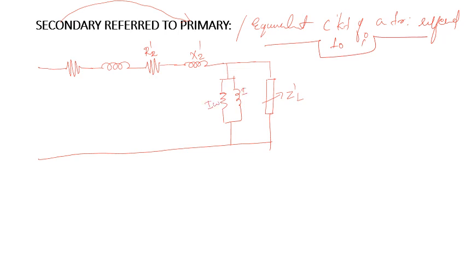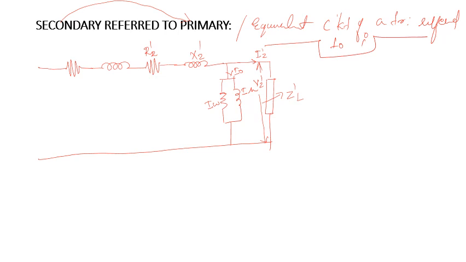IW, I mu, I0, I2. Here it will be I2 dash, and similarly V2, when it is referred to primary, it will be known as V2 dash.